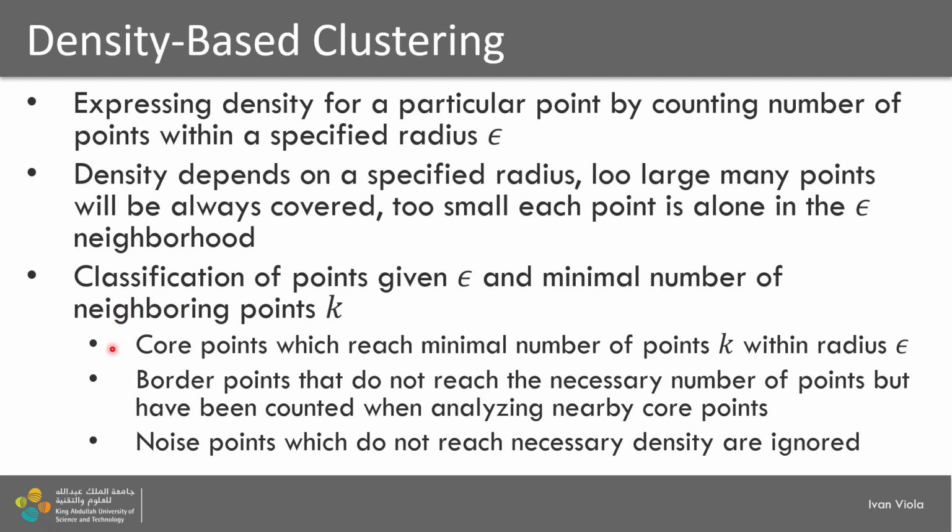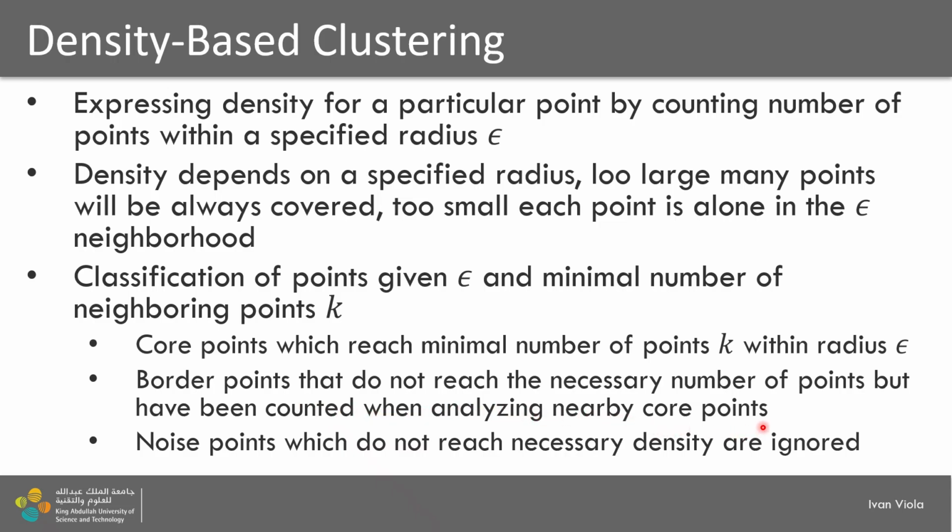One classification of points is core points. The core points are those which reach the minimal number of points k within the radius of epsilon. That means these points will be part of a cluster. Then we have border points, which do not reach the necessary number of points in their neighborhood, but have been counted as points contributing to the neighborhood of nearby core points.